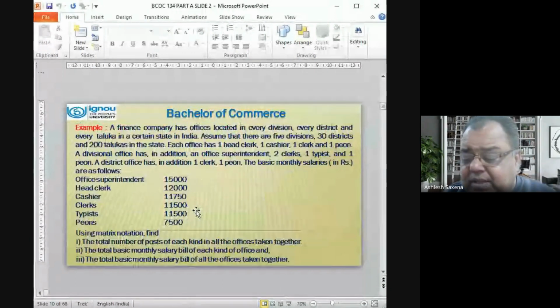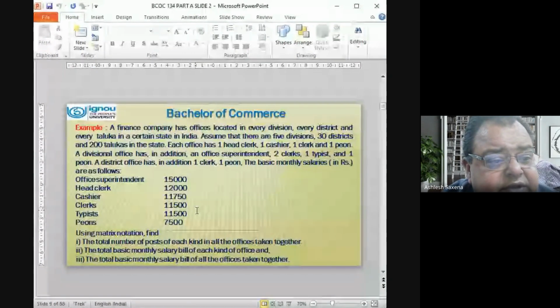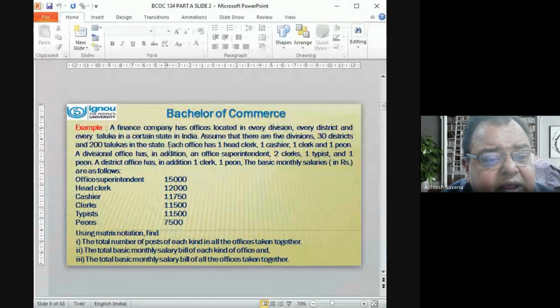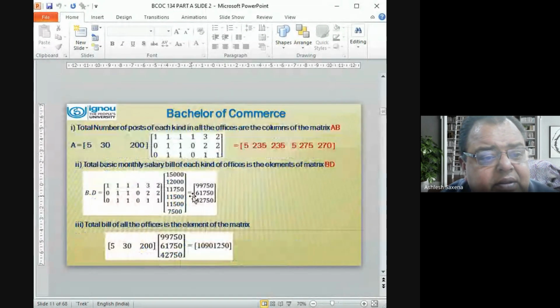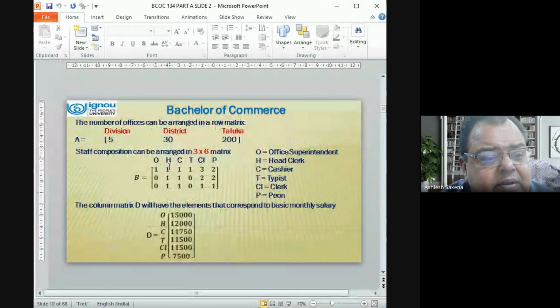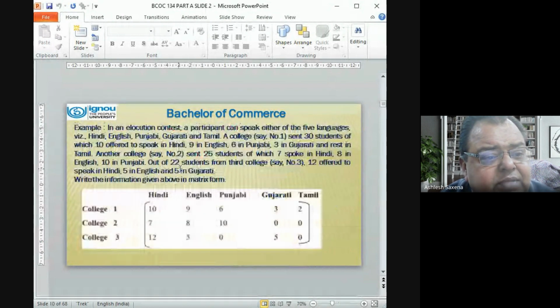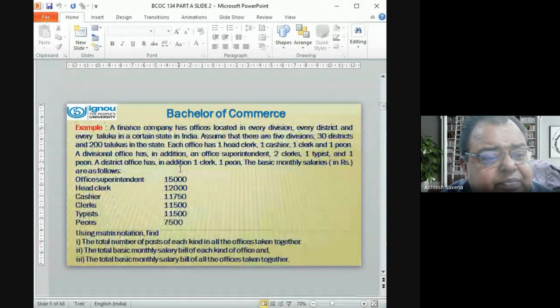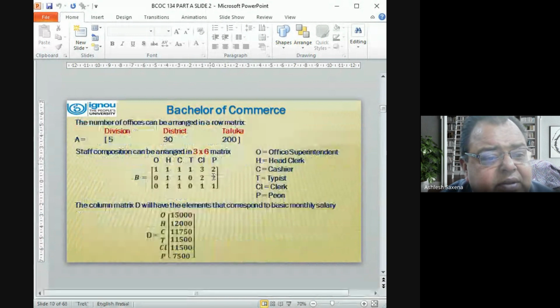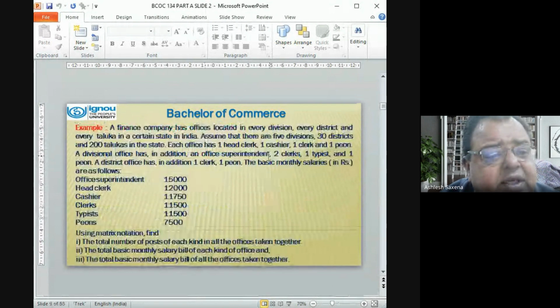Going back to the problem, this is what they have stated. Each office has one head clerk, one cashier, one clerk, one PM. We will keep this all one. Apart from that, this is what they said. In addition, one clerk, one PM. One clerk and one PM is there in what is this, 3 by 3 and 2?